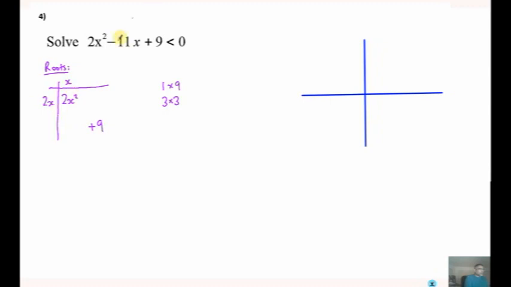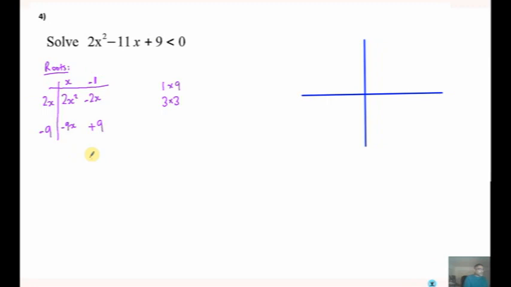If I use 1 and 9 then, so if I put the 9 there and the 1 there, 9 times x is 9x, 1 times 2x gives me 2x. And you can see there, 9x and 2x makes 11x, but it needs to be minus 11, yet they multiply to a plus, which tells me both of these need to be negative.